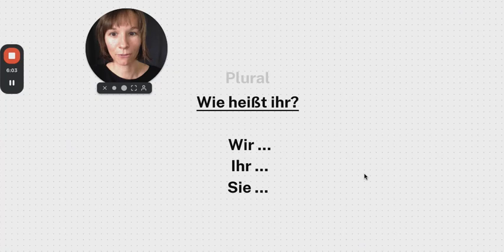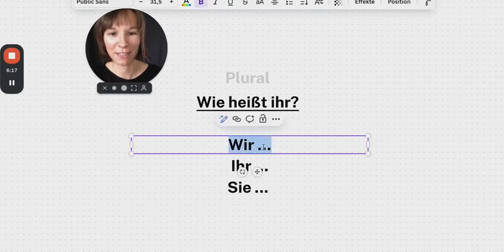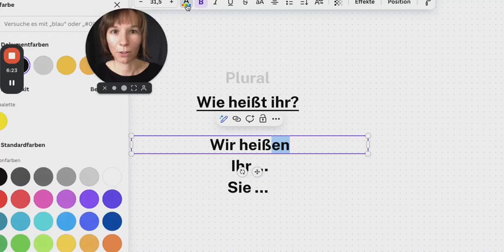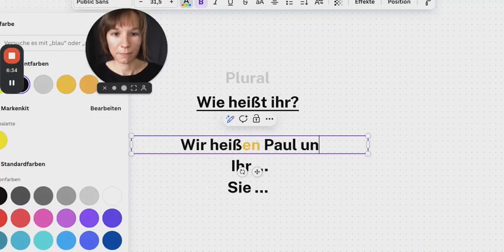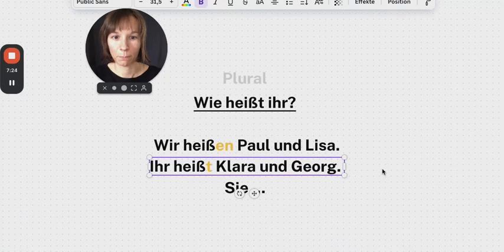If we move on to plural now, then we have the question, wie heißt ihr? So this is, what are your names, for plural. So we is wir. Wir heißen. And now for plural, we use en. We are called Paul and Lisa.